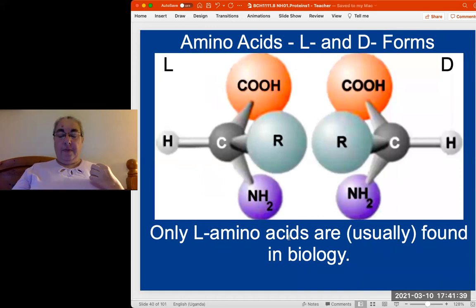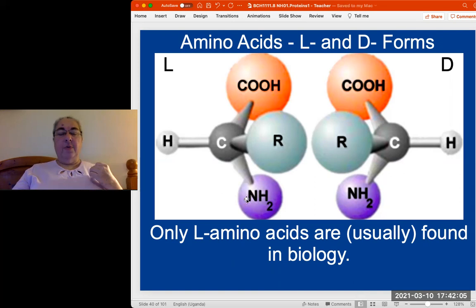Okay, so the important thing to remember from this is that biological systems usually only use the L form of amino acids, the left-handed form, if you like. It's given that word because of the way that light is twisted by a solution.